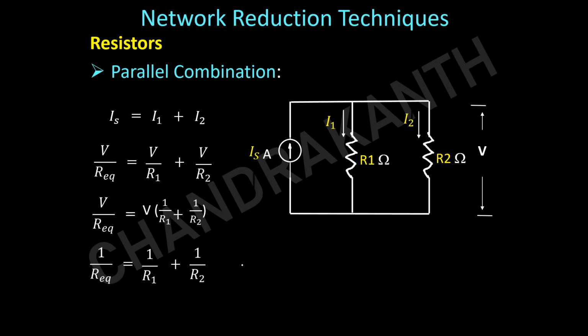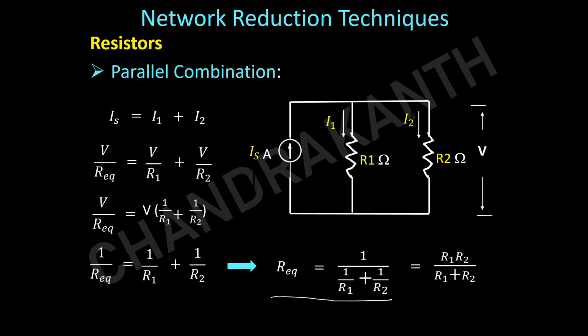But we want the R equivalent value, not 1 by R equivalent. Therefore the R equivalent value becomes 1 whole divided by 1 by R1 plus 1 by R2. This formula can also be simplified as R1 R2 by R1 plus R2. But I strongly recommend using this formula instead of this.